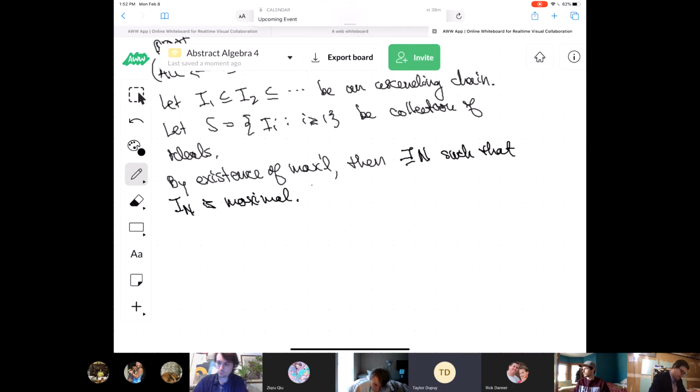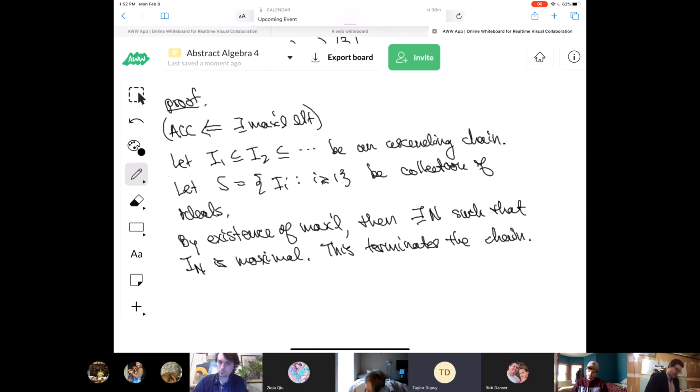But this terminates the chain. So this thing seems way stronger than this condition: that there exists a maximal ideal among all non-empty subsets of ideals seems super, super strong, right?